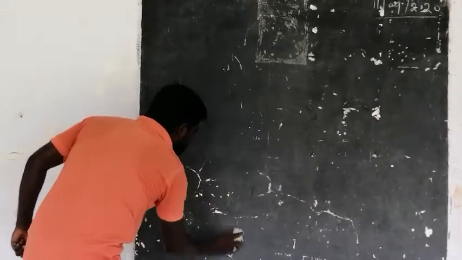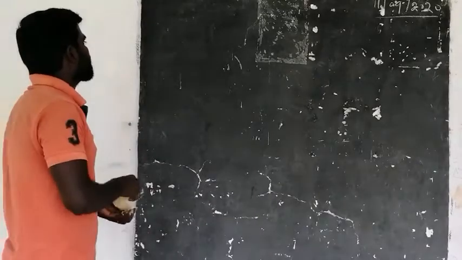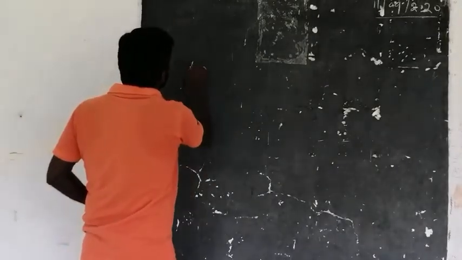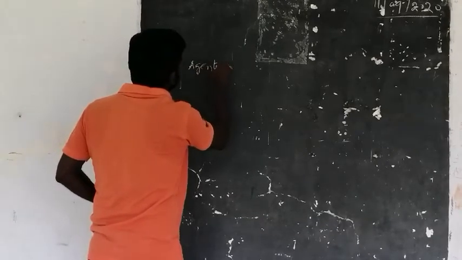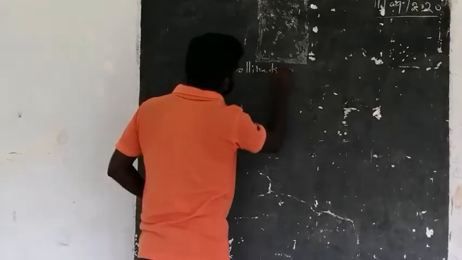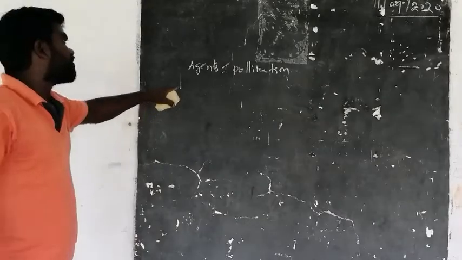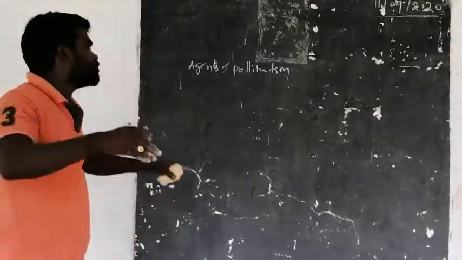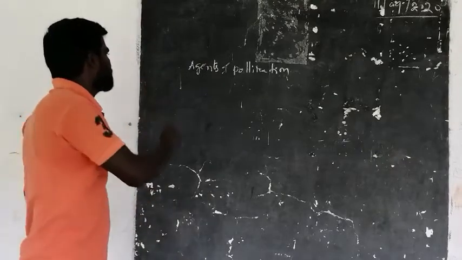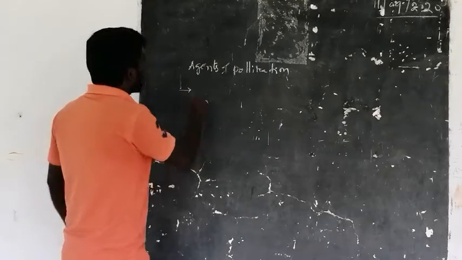The things which help in the process of pollination, the medium for transfer of pollen grains, are called agents.